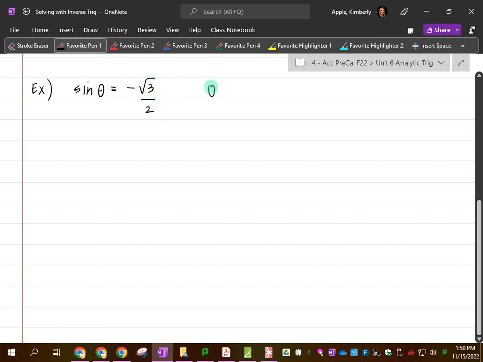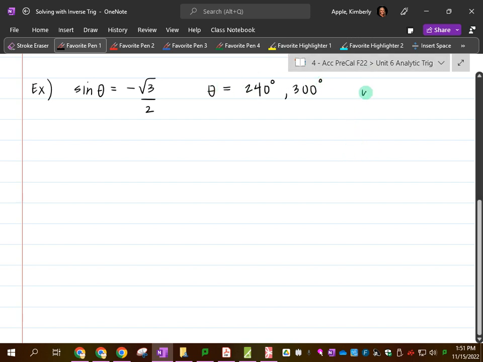I want you to give me the solutions in degrees for now. We're going to move back to degrees for a minute. If your calculators are in radians, please change them back by hitting the mode key. Then tell me, using your unit circle, what are the 2 places between 0 and 360 that have a sine ratio of negative root 3 over 2? 240 and 300.